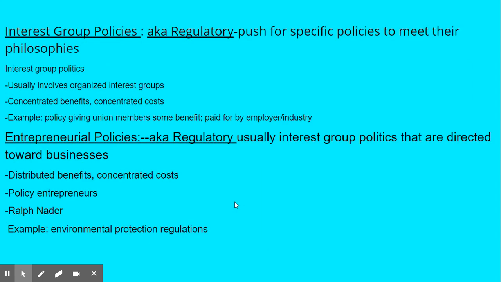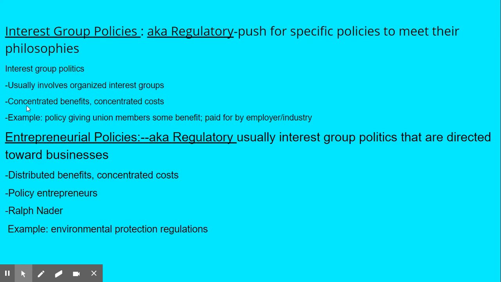Okay, all right. Then the next thing, interest group policies. This is known as sort of the regulatory side of things. When you have an interest group who pushes for legislation, and it's something to benefit that small group of people. And most of the time with interest groups, and this is the difference between that elite group and interest groups, the costs are concentrated.